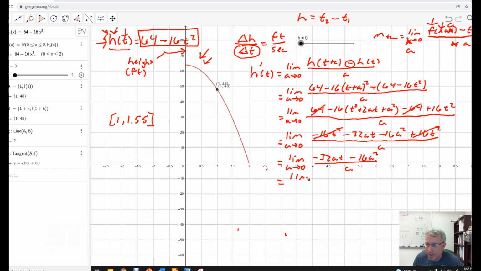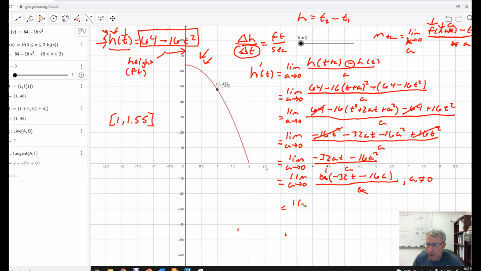So the limit as a goes to 0, the a shows up in both terms in the numerator, so factor it out. A times minus 32t minus 16a, all over a. And a divided by a equals 1 as long as a does not equal 0, which it won't. We're letting a approach but not get to 0.